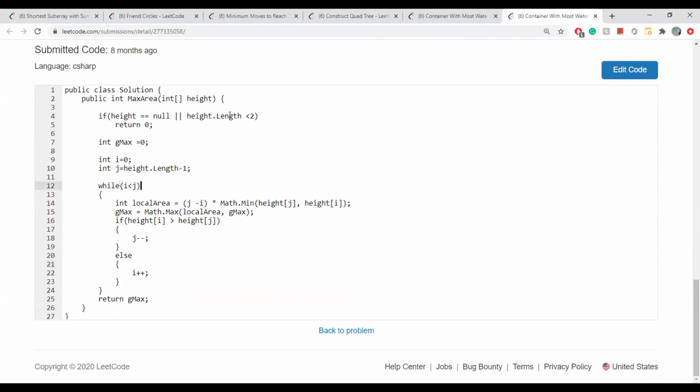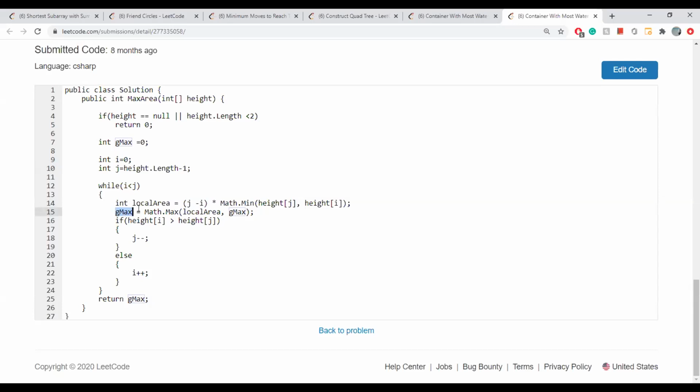So basically, whenever the size is less than 2, I'm returning 0. And the global max, I'm making it 0 as the initial value. I'm taking two pointers, i and j. i starts from index 0, and j starts from the end of the array. The while loop runs while i is less than j. Inside the loop, I'm calculating the distance between i and j, and I'm calculating the global max.